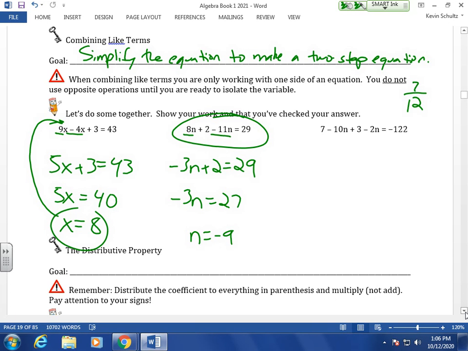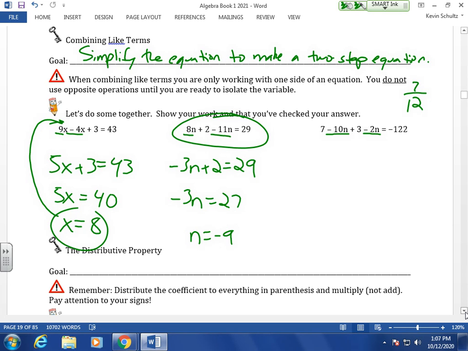In that last one there, what can we combine? Give me some like terms, Alan. What are some like terms that we can combine there? Negative 10, negative 2. Okay. What does that give us? How many n's does that give us in all?